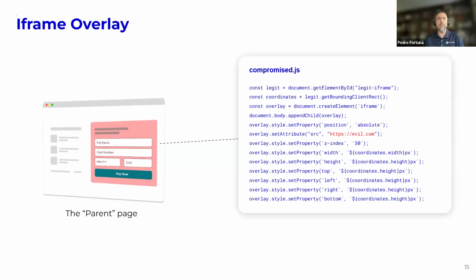In some cases, it simply captures the data and sends it to an attacker-controlled server, while in other cases it's made same origin, so the compromised script can access it from the parent page. Either way, the result is the same: the cardholder data is skimmed, and all of it happens without the user noticing anything.